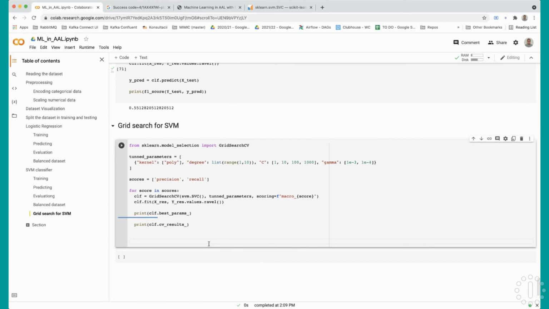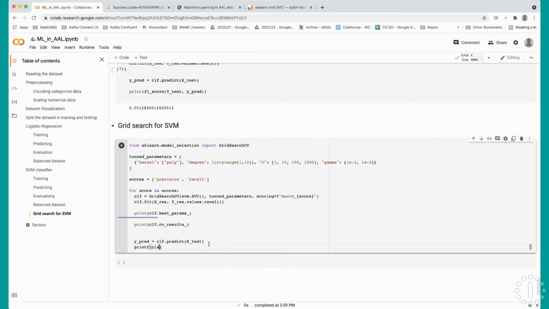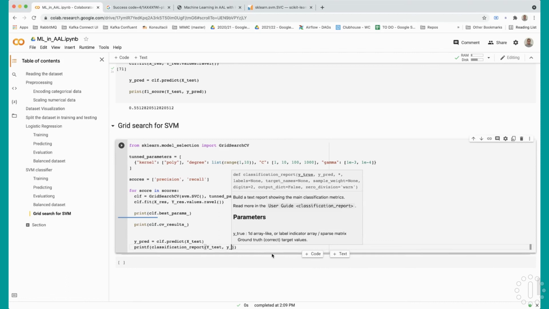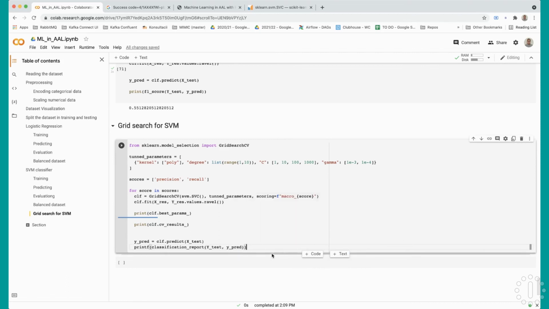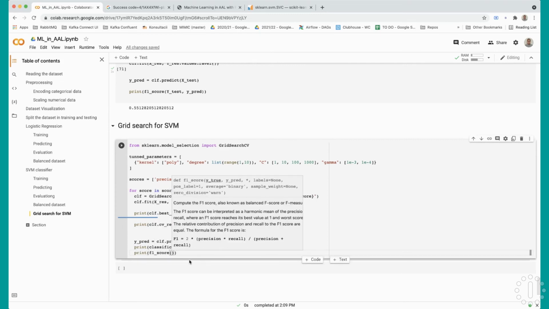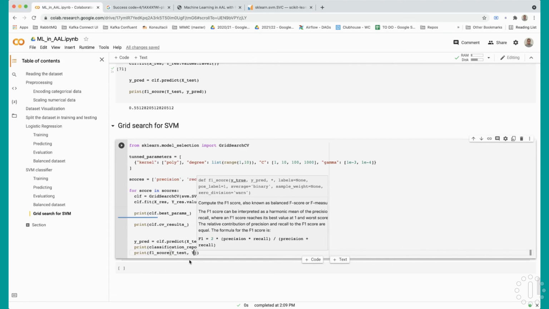So y predicted will be equal to classifier dot predict x test, and let's print also the classification report for the y test and y predicted, and also let's print the F1 score for the, again, y test and y predicted.